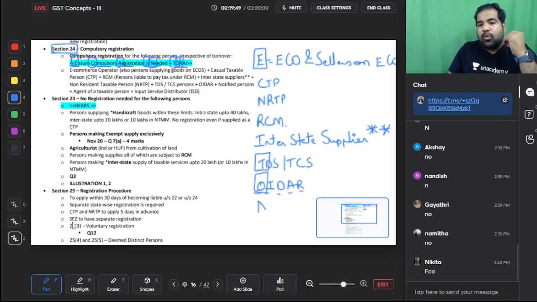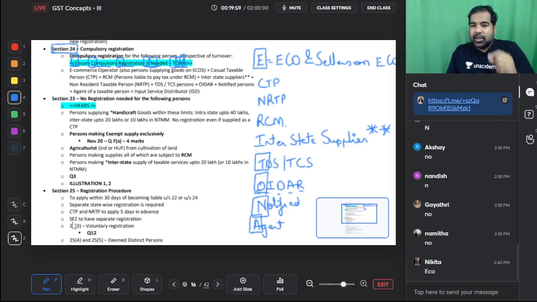N, notified people have to be compulsorily registered. Very, very important. A, if you are an agent, guys, you know who's an agent in GST. In GST, an agent is someone who issues his own invoice. So if you are an agent of a taxable person, then you need to be compulsorily registered. Example, guys, I'm giving you an example. You are an agent of an electric bike company which is registered.